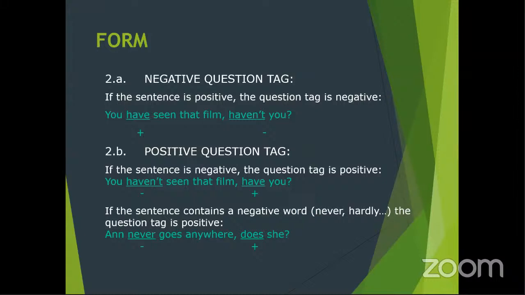Look at the example in number 2. If the statement is positive, the tag question must be negative. Positive, look at number 2. Positive tag questions, because the statement is negative, so the tag question is positive. Look at example number 2.